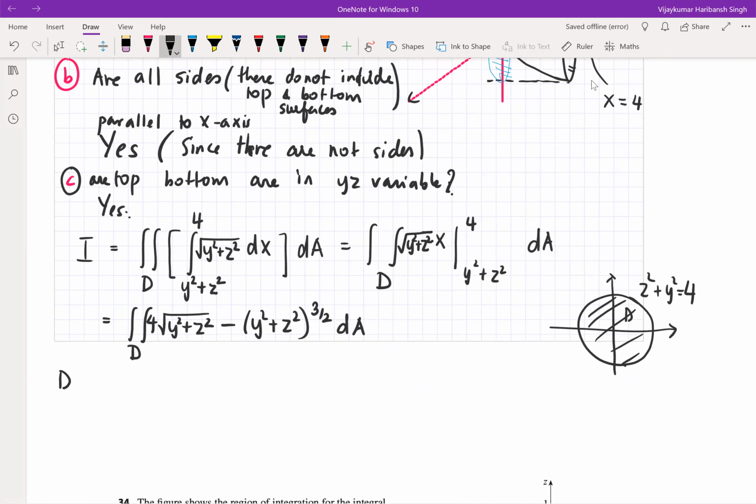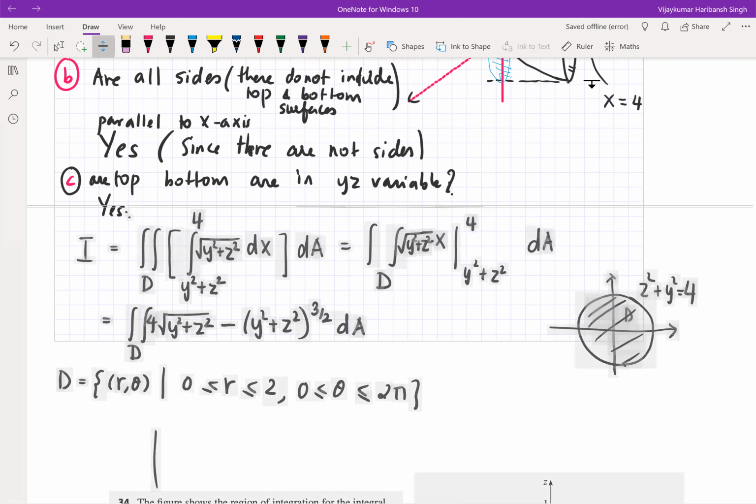So we can write D in polar as r comma theta, where r, so it's a circle of radius 2, so 0 to 2, and theta goes from 0 to 2 pi. That makes life pretty easy here.